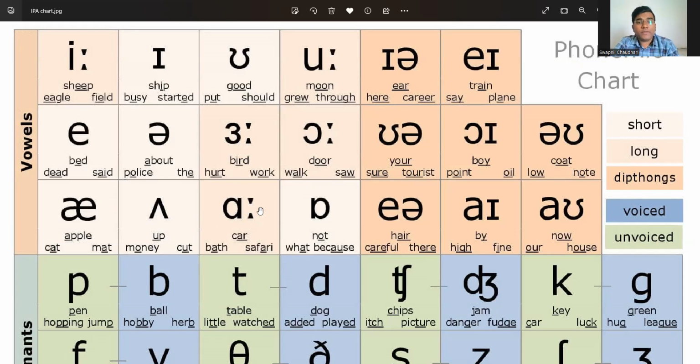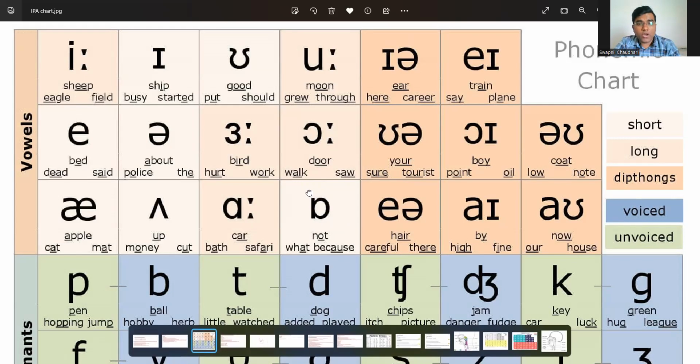Then we have the sound that is kind of the mirror reflection of this, or this symbol without a colon. This represents the sound in what, because, not.